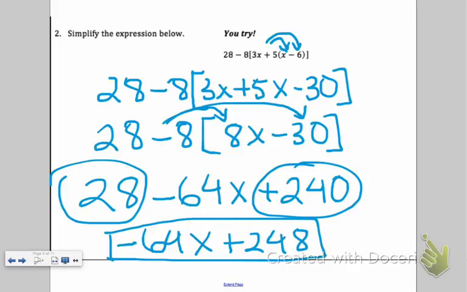And finally, we're going to combine whatever like terms we have remaining, which is our two constants, 28 and 240, which results in 248. And the -64x we would write as our first term, because normally when you're writing something in standard form, the term that has your variable comes first. So your final answer would be -64x plus 248.